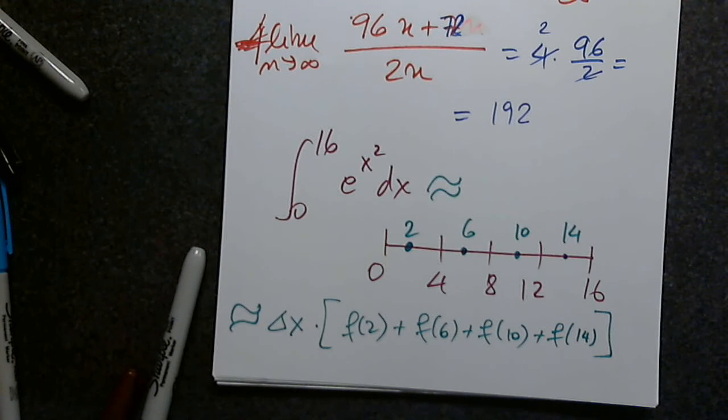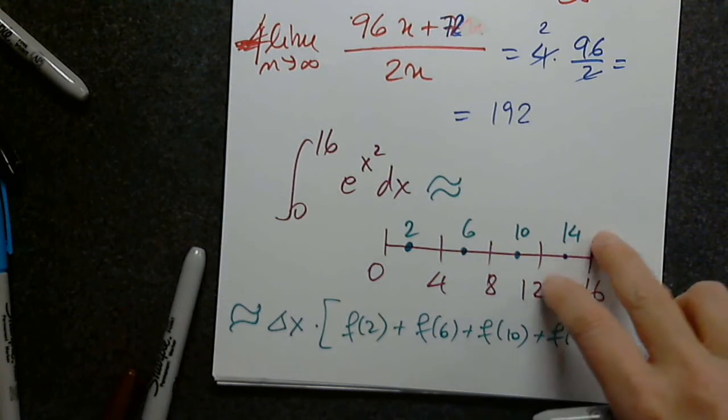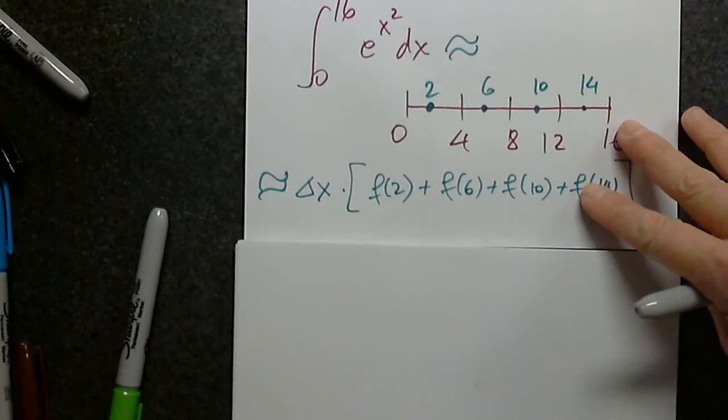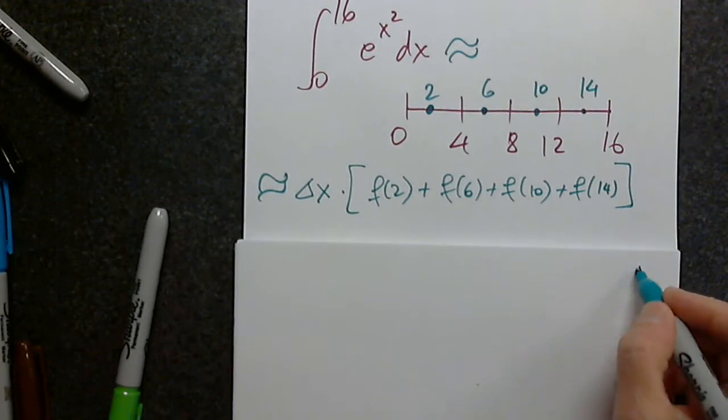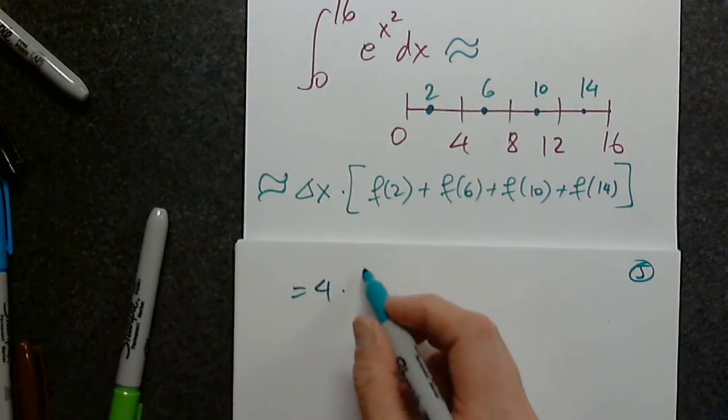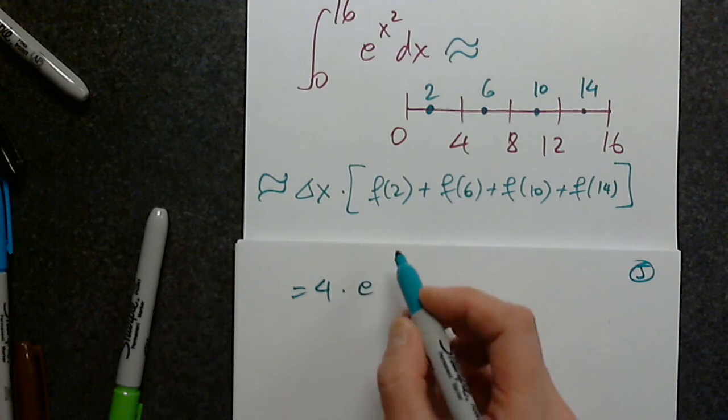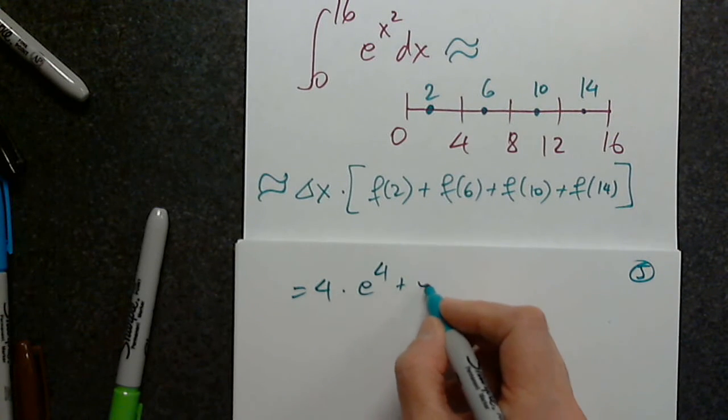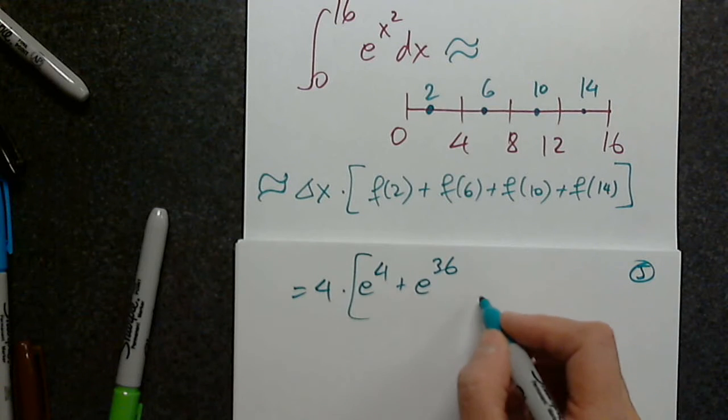Delta x is the width of each of the 4 subintervals, which is 4. That's why the constant goes outside. So then I have 4 outside. And then I'm going to find e raised to the 4th power plus e raised to 36, which is huge.